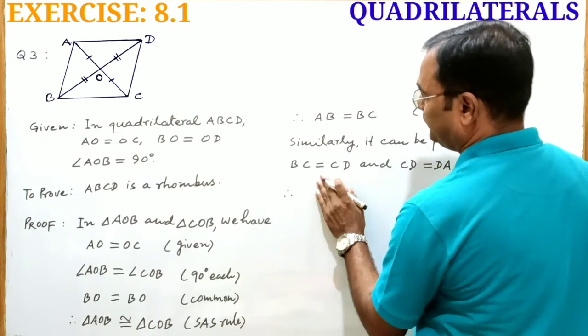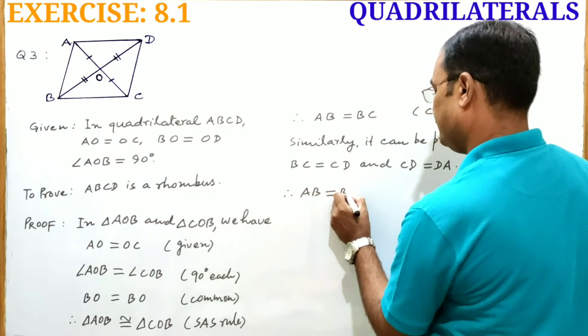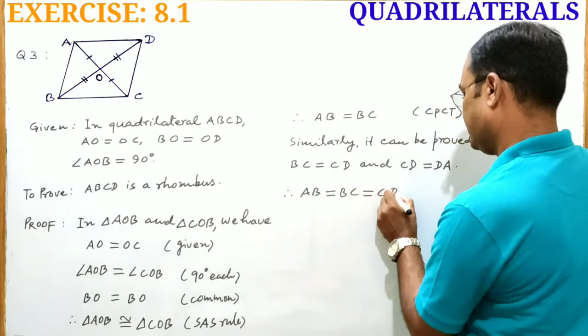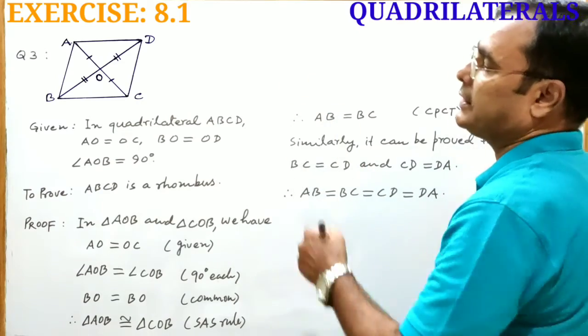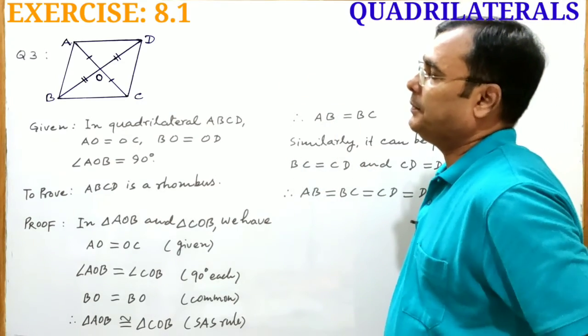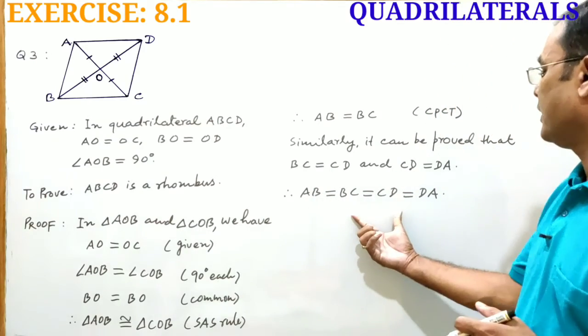So therefore, we can write AB equal to BC equal to CD equal to DA. Four sides of this quadrilateral ABCD, whose diagonals bisect each other at right angle, are equal.